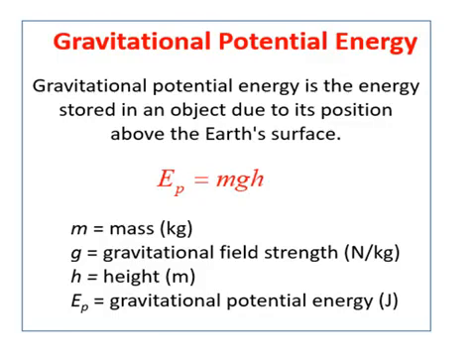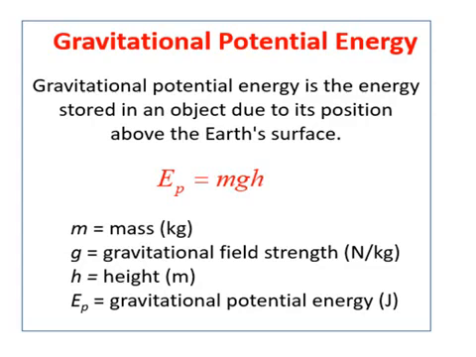A ball on your hands which you are about to drop has potential energy due to its position. So the potential energy stored by these objects due to their position is known as gravitational potential energy.